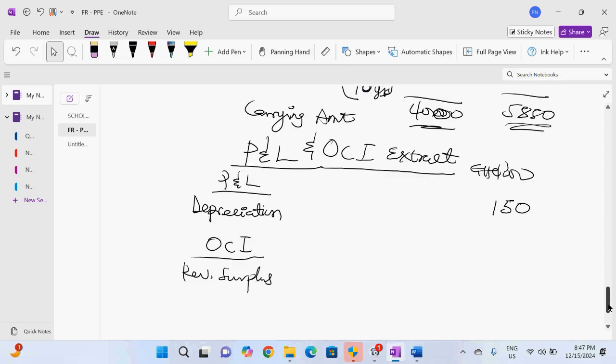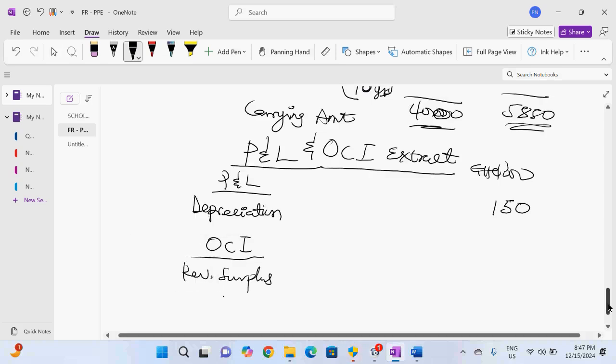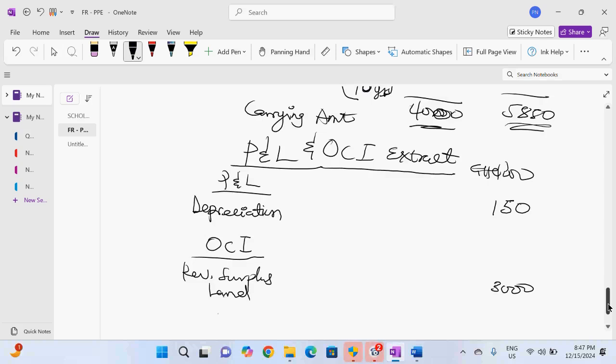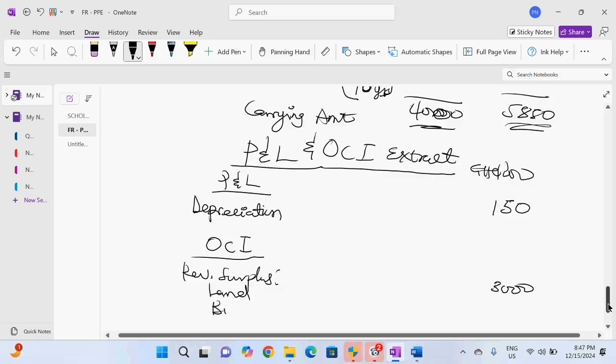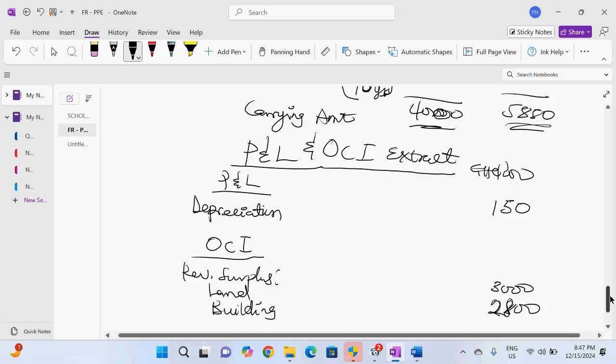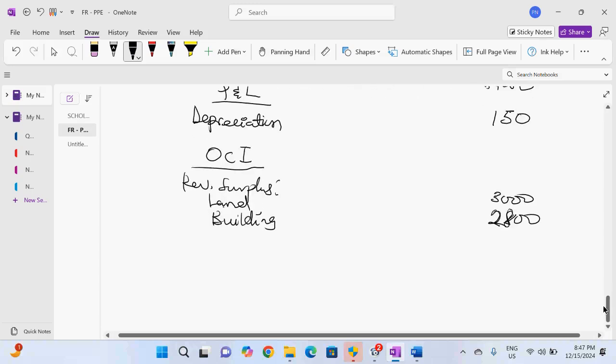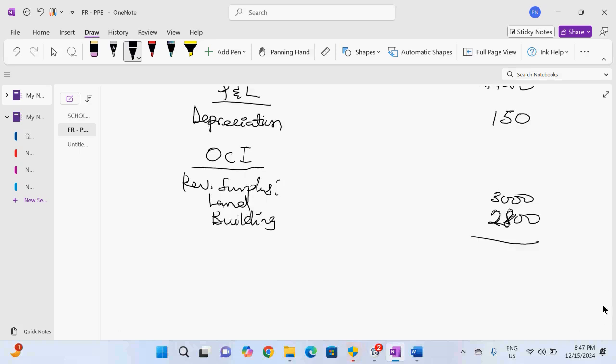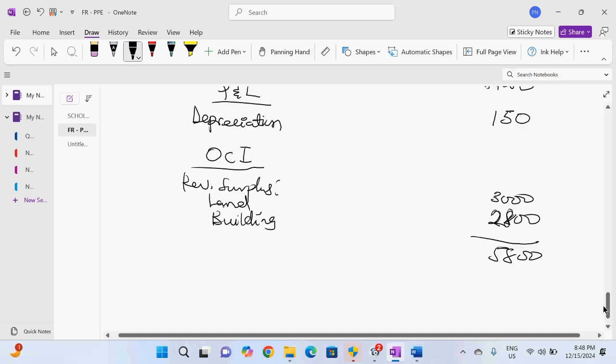Land is 3,000, and building is 2,800. You get a total of 5,800.